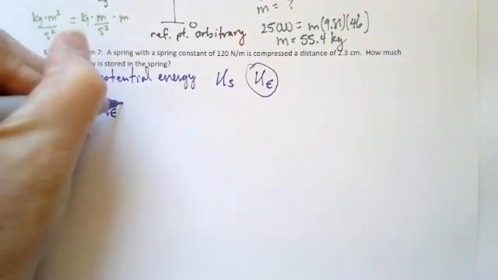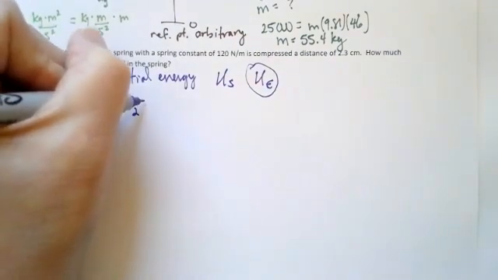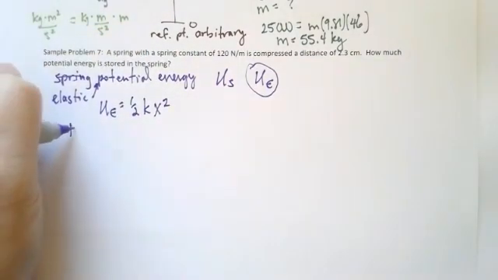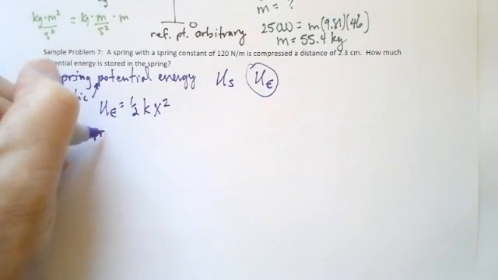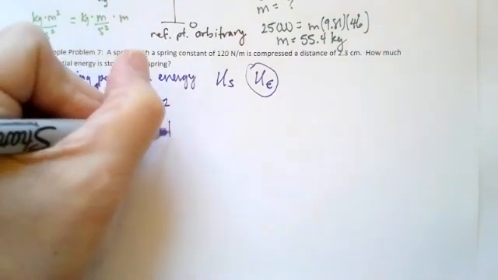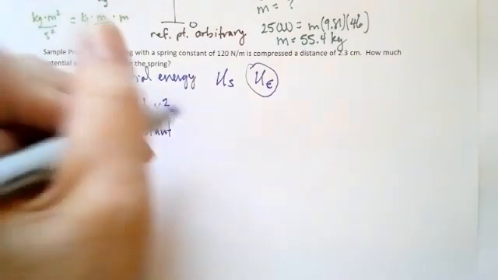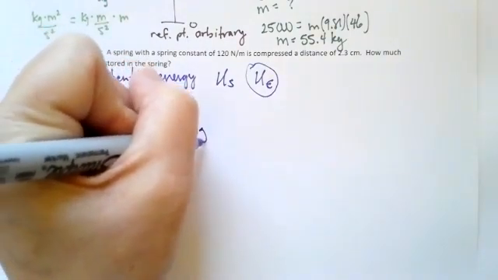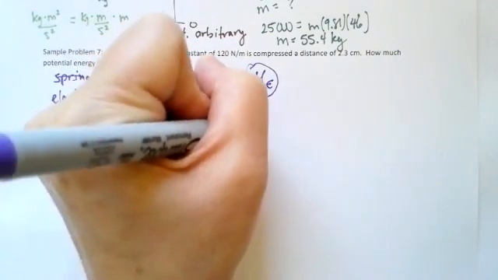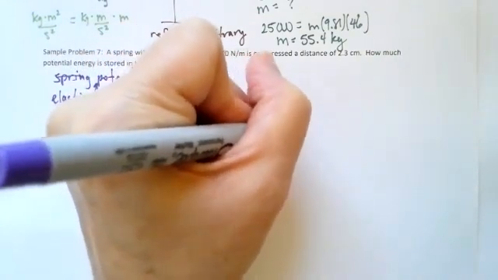U E is equal to 1/2 k x squared. K is what is known as the spring constant. The higher the value, the stiffer the spring.